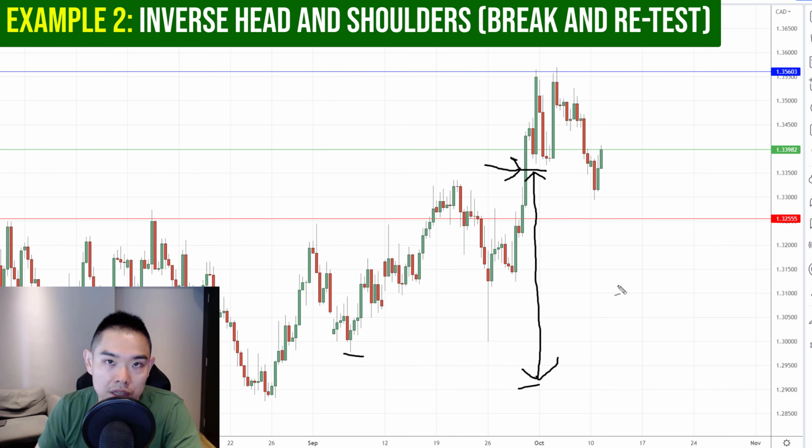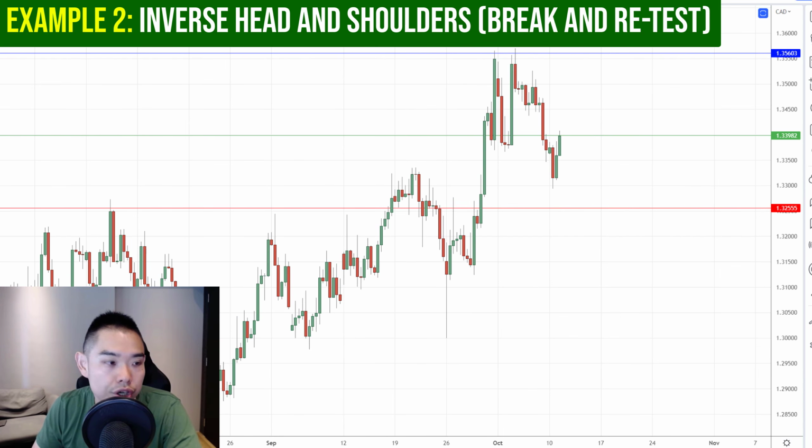By using the power of multiple time frames and understanding basic price action, your stop loss is now reduced to this size, from this green line to this red line over here. You can see how much tighter your stop loss is. And when you have a tighter stop loss and still remain logical, it offers you a favorable risk to reward on this particular trade.